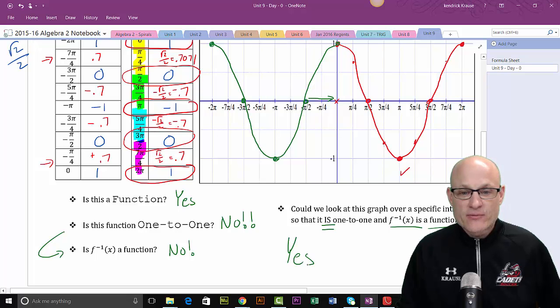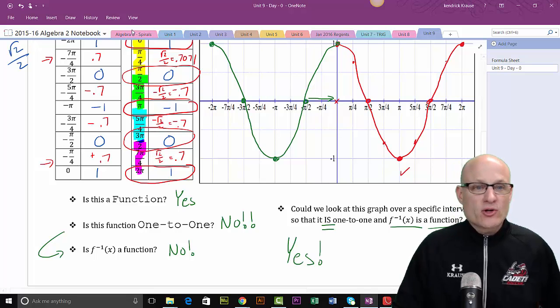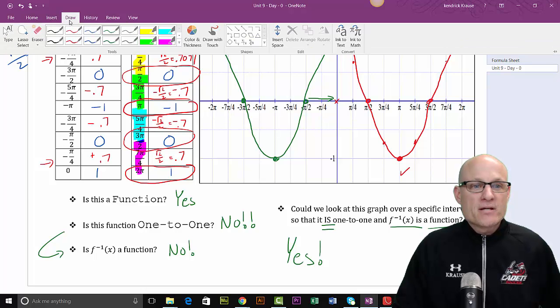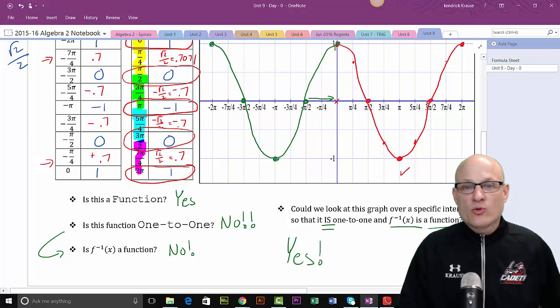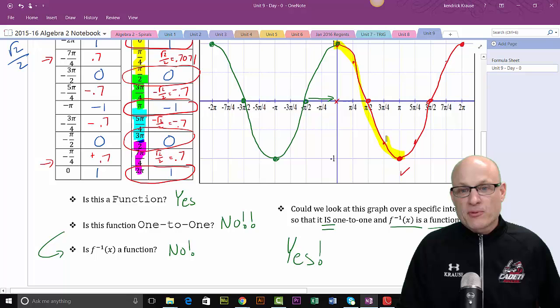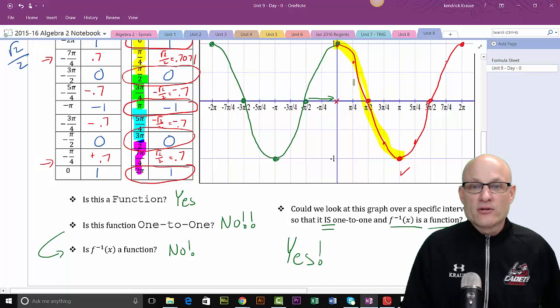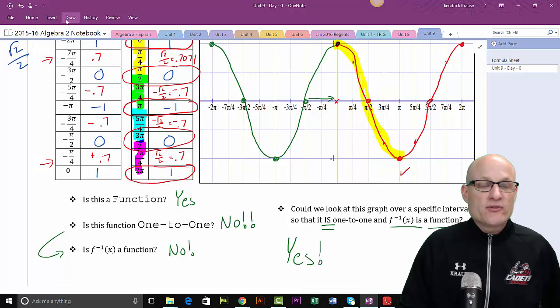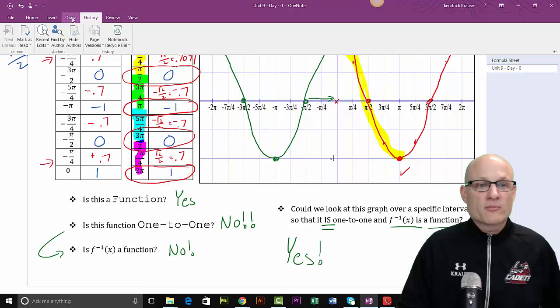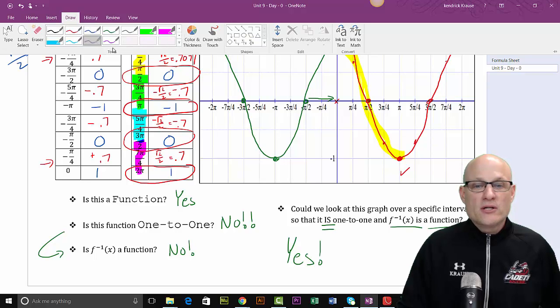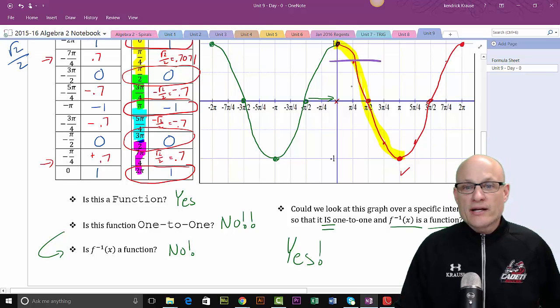The interval we're going to look over is the area where it would pass the vertical line test. And that would be just this part right here. If I only graphed this part, that little part right there in yellow, then I think you would see that no matter where you drew your line, let me grab my cool purple color, it would only hit the graph once.